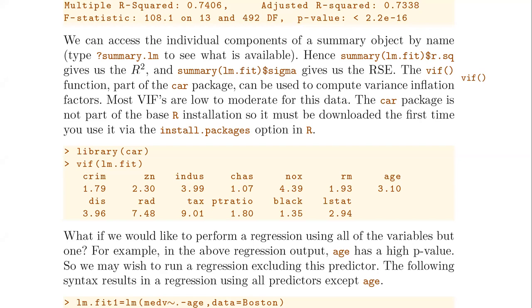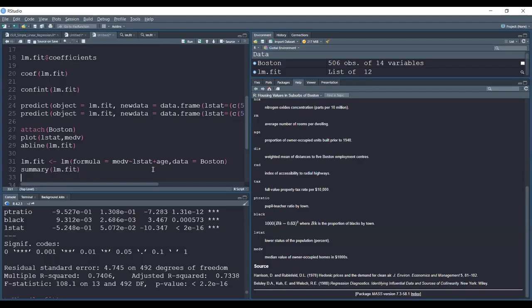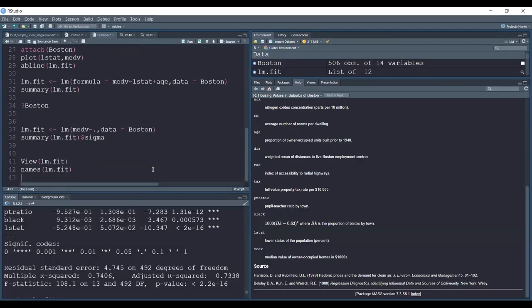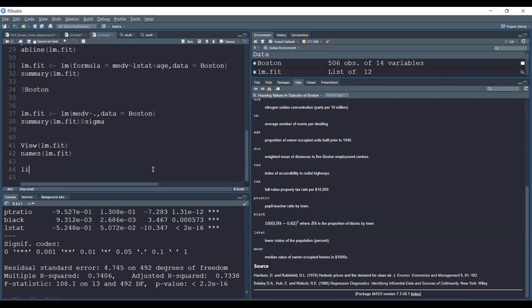The car package is not part of the base R installation, so it must be downloaded the first time you use it via the install packages option in R. So let's have a look. So library(car).